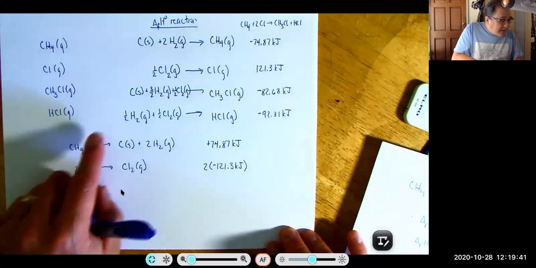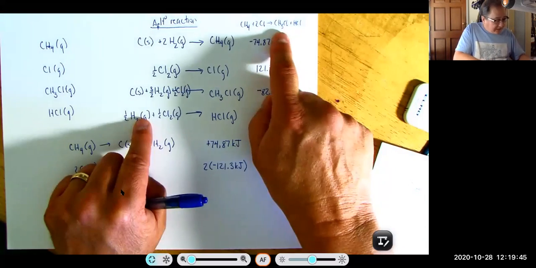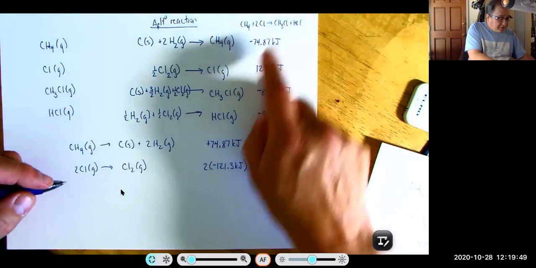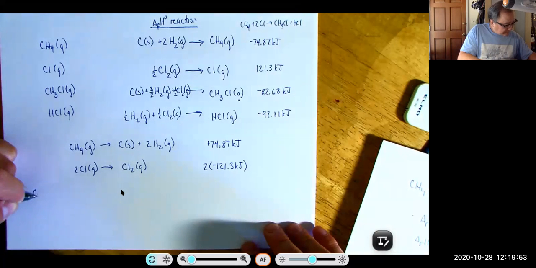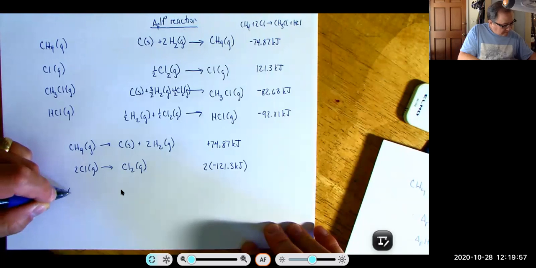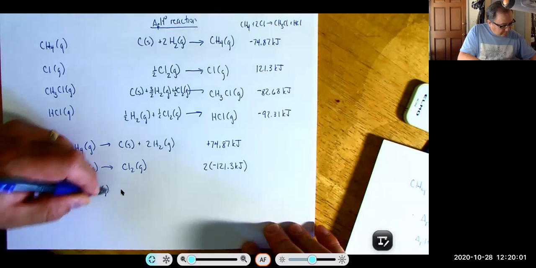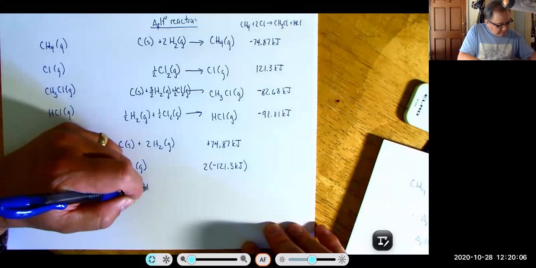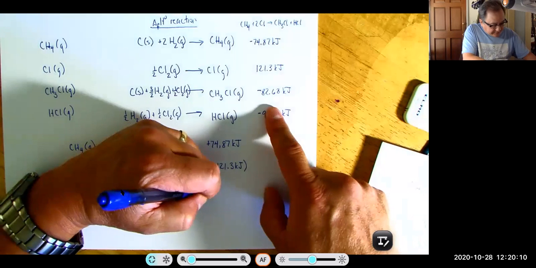Now, this next reaction is the one that introduces the CH3Cl, the methyl chloride. It is a product, so I'm going to use this reaction as is, and this number as is.